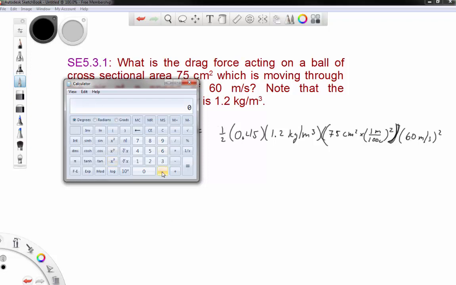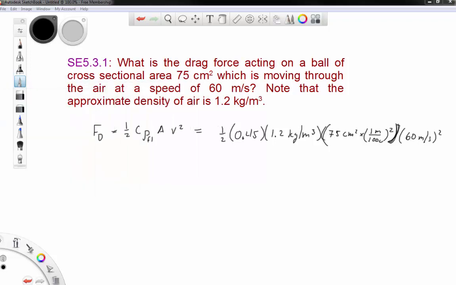So let's go 0.5 times 0.45 times 1.2 times 75 divided by 100 divided by another 100 times 60 squared. And we get 7.29. 7.29 what? Well, it's a force, and we put everything in meters, kilograms, and seconds, so this means that the drag force is about 7, looks like we have two significant figures, so 7.3 newtons in this case.